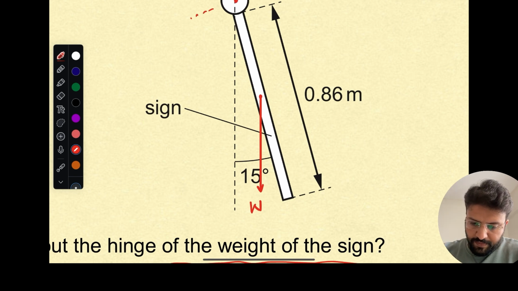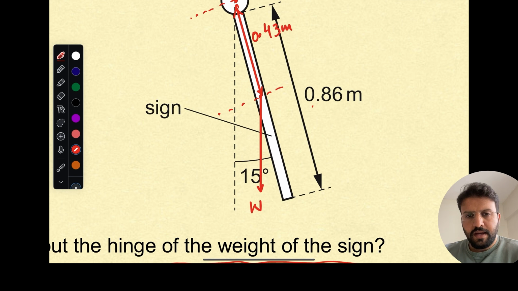The distance from the pivot to the force: if the total is 0.86, this will be equal to 0.43, exactly half of it.